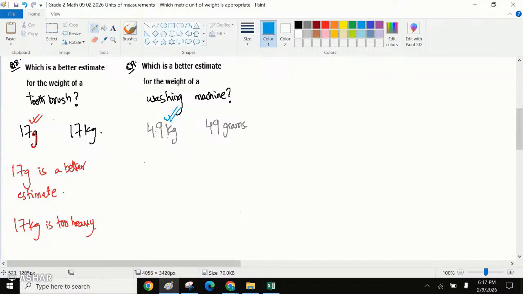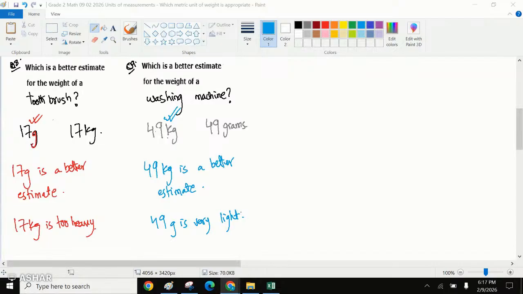So we can say 49 kilogram is a better estimate, whereas 49 gram is very lightweight. Yes. Thank you, May. Thank you, Valerie. Thank you, Cordova.